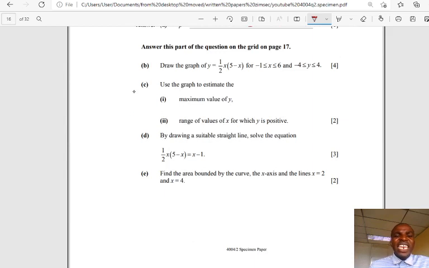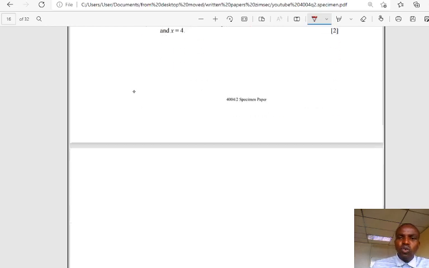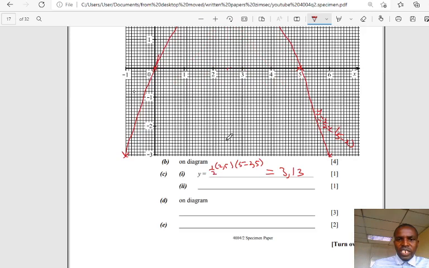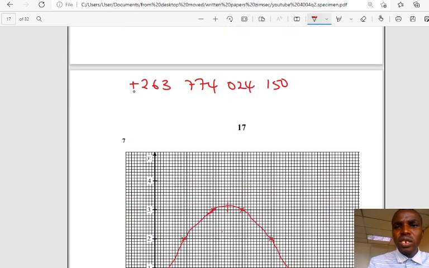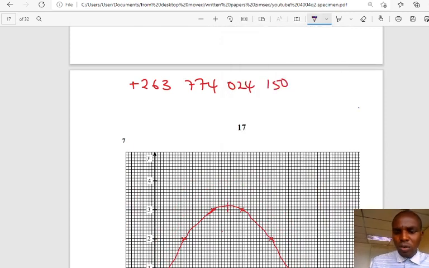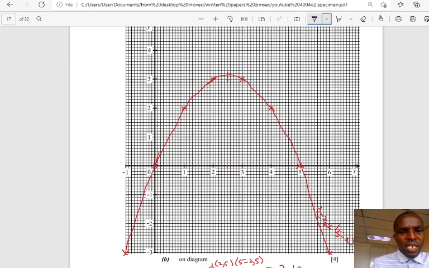Right, then next question. Find the range of values of x for which y is positive. That's part C item 2. Check on your graph where y is positive. It's from x equals 0 to x equals 5, right?